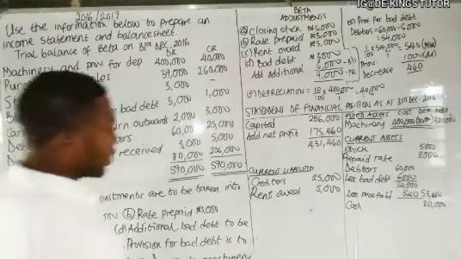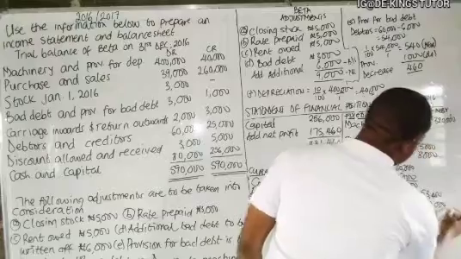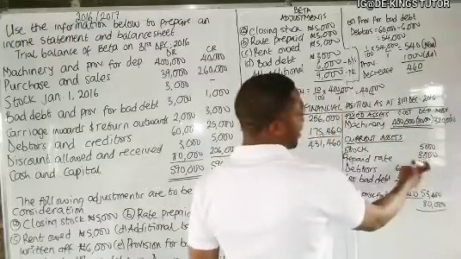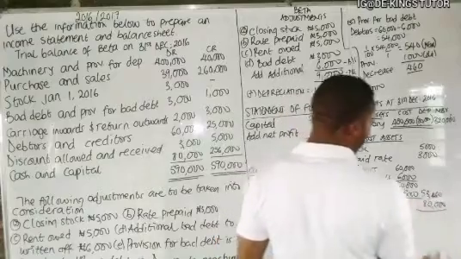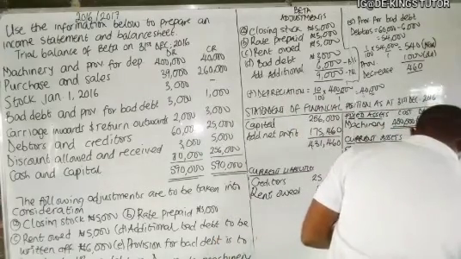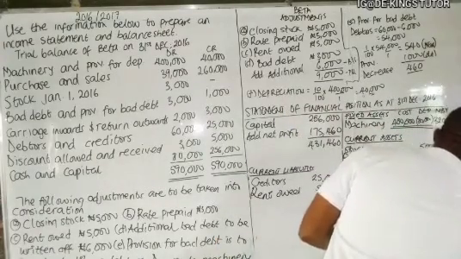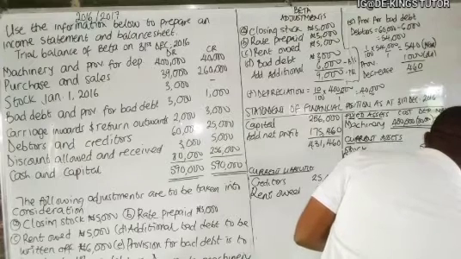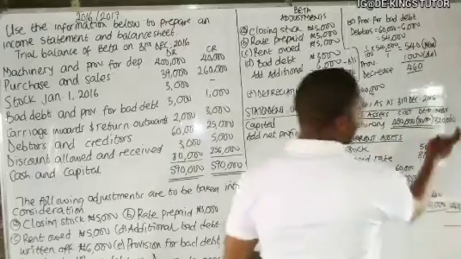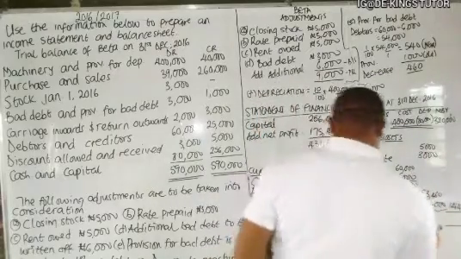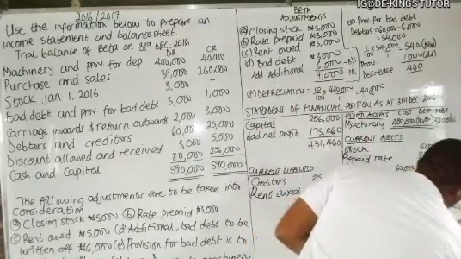So add this: 5,000 plus 3,000 plus 80,000 plus 53,460 will give us 141,460. Okay, 141,460 plus 320,000 will give us 461,460.